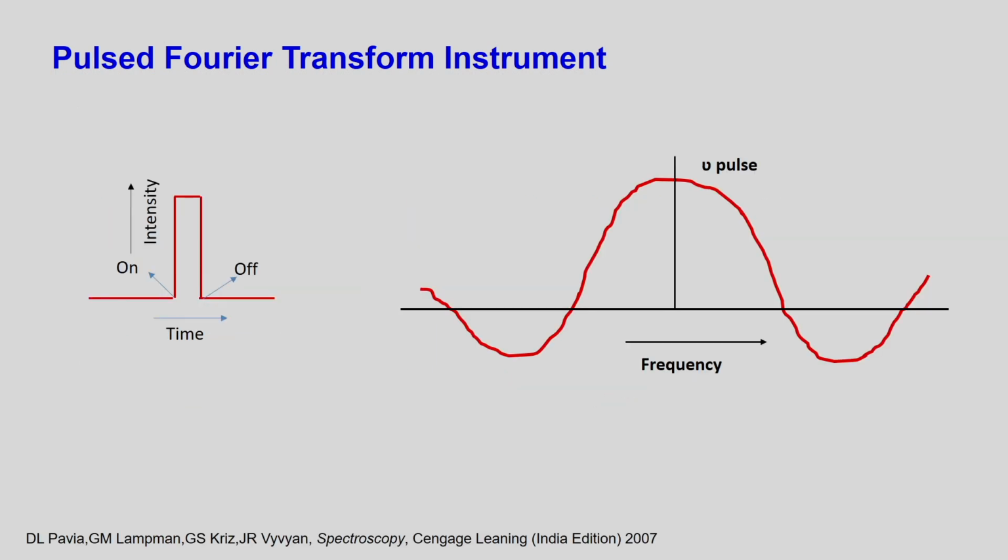So, if you send a pulse for a short time period in milliseconds and then stop, some frequency will be developing as shown here. This frequency will be encoded with a lot of frequencies together. Because of this encoding of frequencies together, it will be able to excite all the nuclei simultaneously.